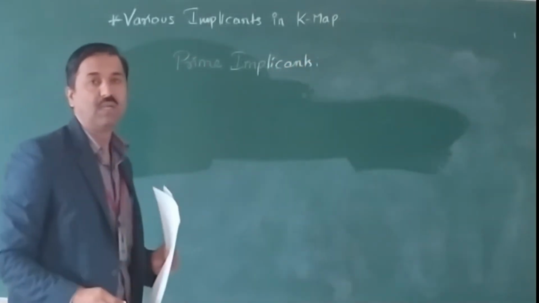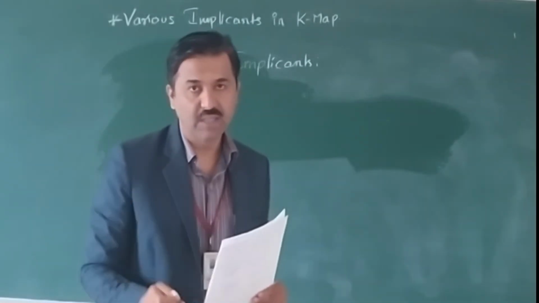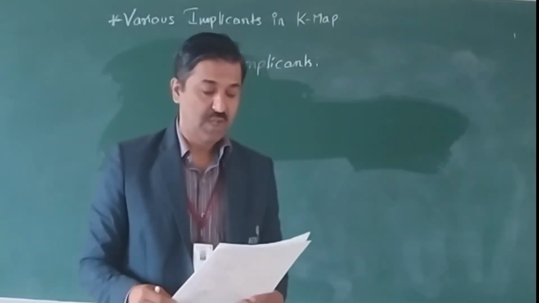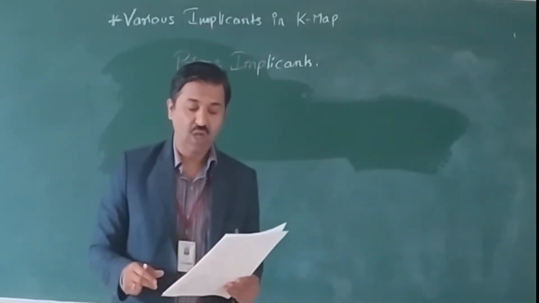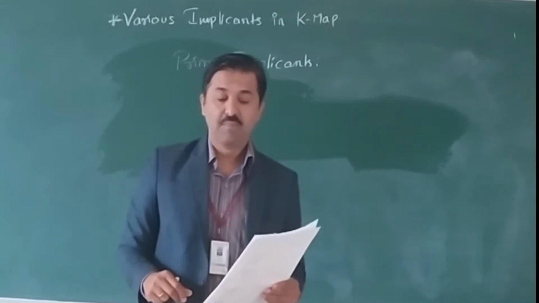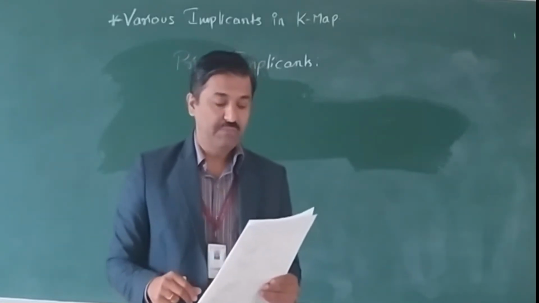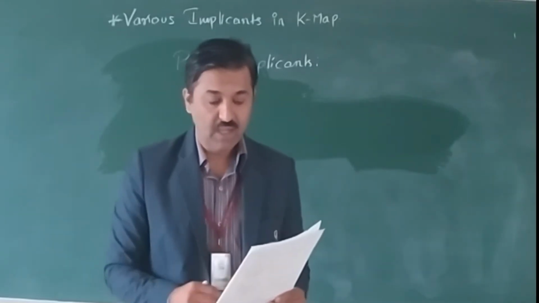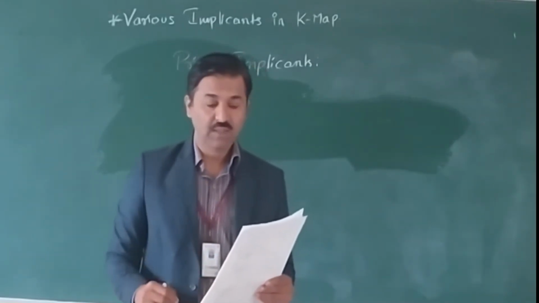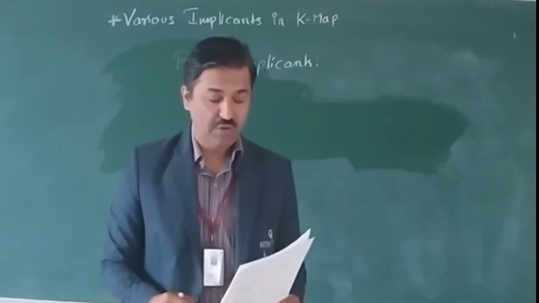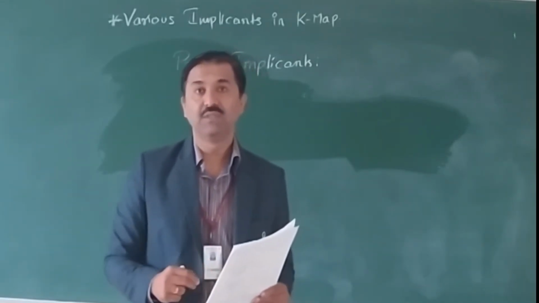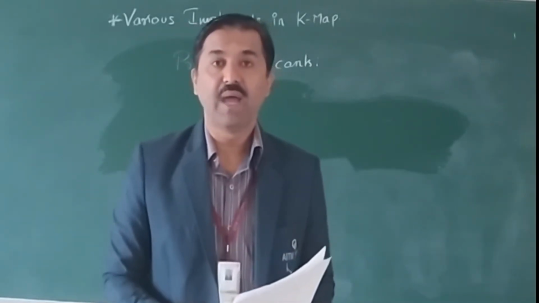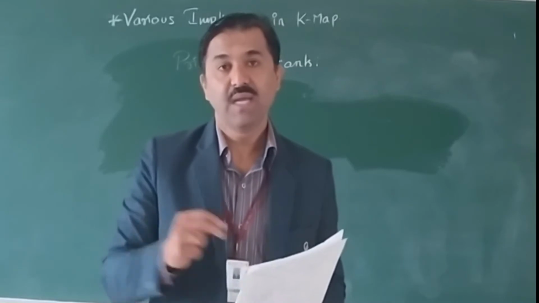Just now we discussed and understood implicants. Now let us understand what prime implicants are. A group of square or rectangle made up of a bunch of adjacent min terms, which is allowed by the definition of a K-map, is called a prime implicant.